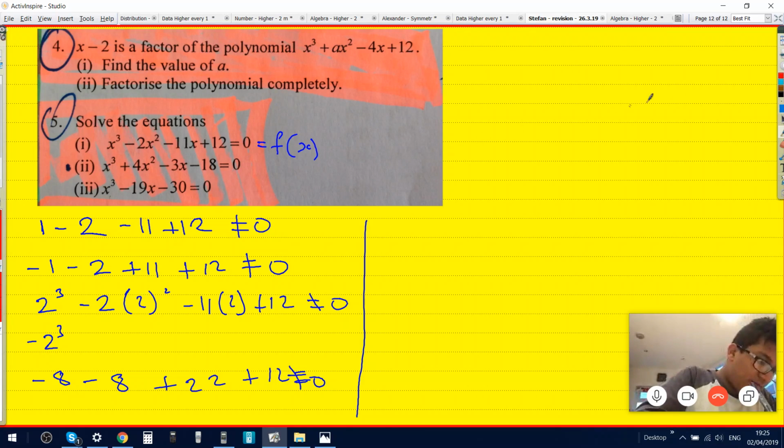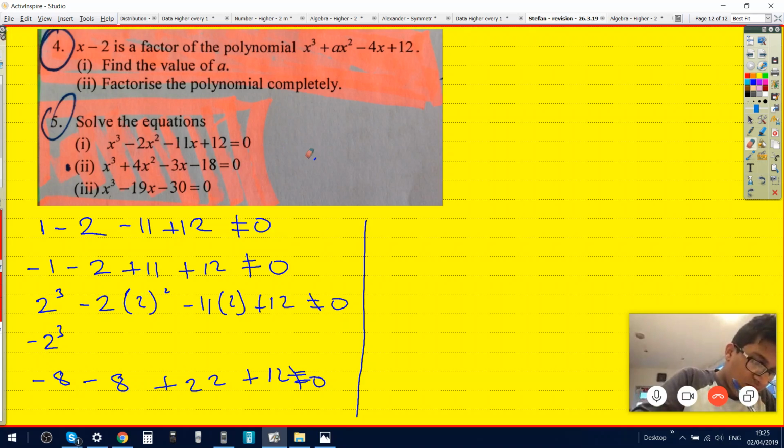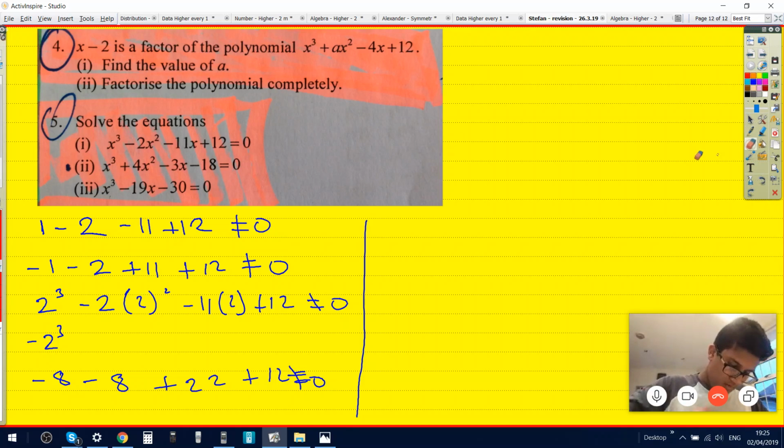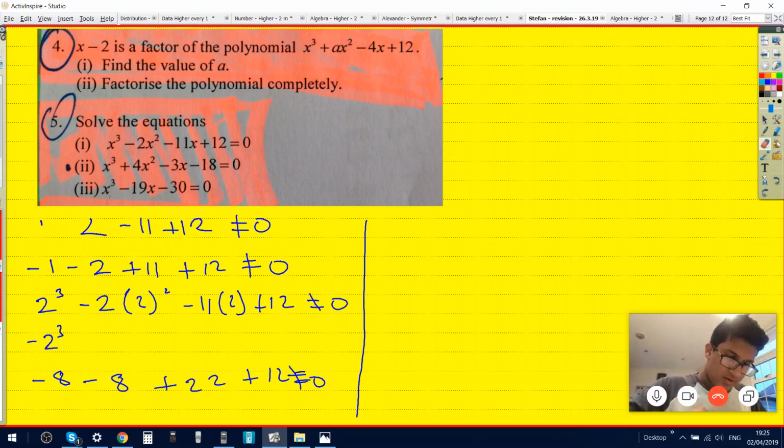So we'll try f of 3, which is 3 cubed, 2 times 3 squared.